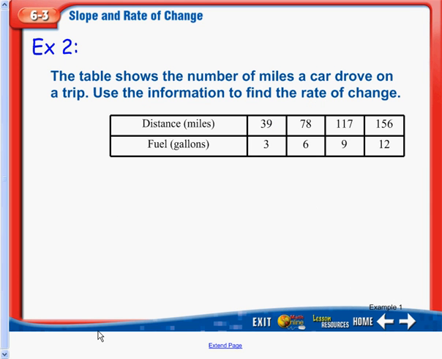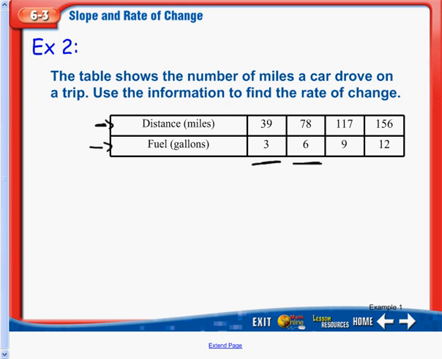Example 2 says the table shows the number of miles a car drove on a trip. Use the information to find the rate of change. So, as we did before, we compare two of these points to each other using our x and y values. Again, looking at this table here, we have miles and then we have gallons.